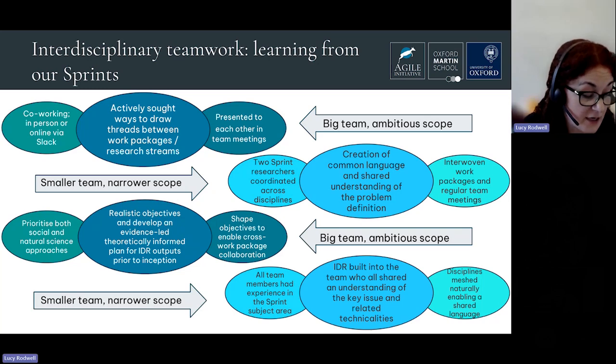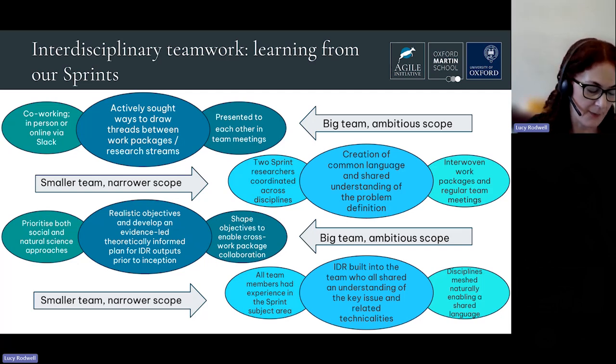And what enabled the IDR in this instance was close alignment between the disciplines that shared the same intended meaning for key terminology, and that all team members had previous experience working within shipping decarbonisation, which was the topic of the sprint. This team enhanced the transdisciplinarity aspect through a policy liaison officer role that created a strong ongoing two-way dialogue between the sprint team and the Department for Transport.